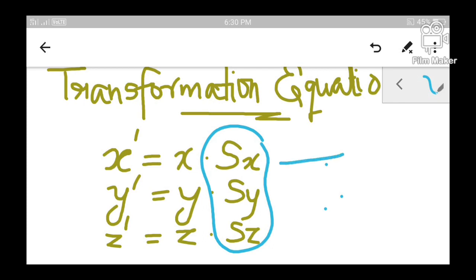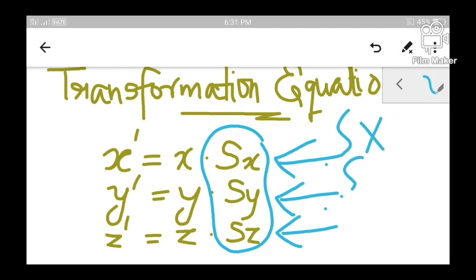That means whatever is multiplied to x should be the same value that is multiplied to y and to z. That means in a uniform scaling, sx, sy and sz must be equal. If sx equals 1, sy should be equal to 1 and sz should also be equal to 1. Whatever value is assigned to sx, sy and sz, they should be equal.